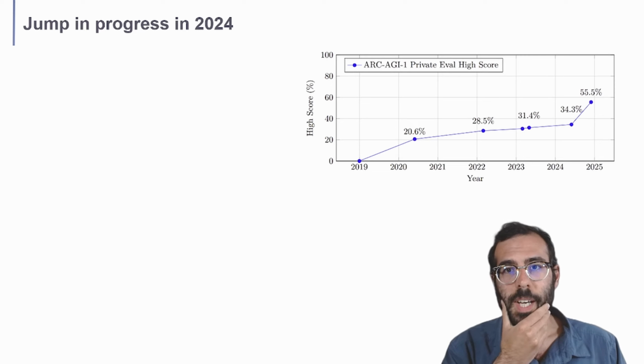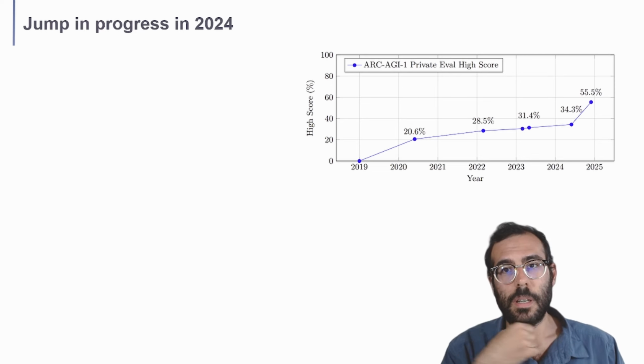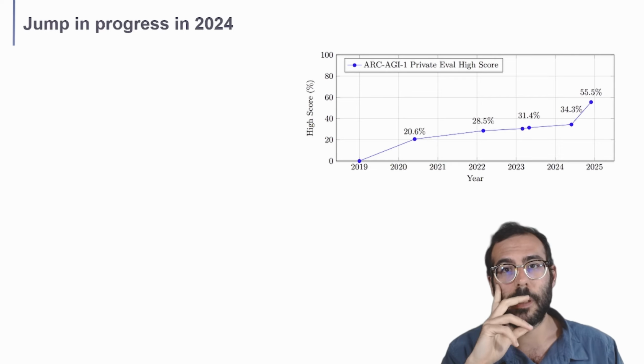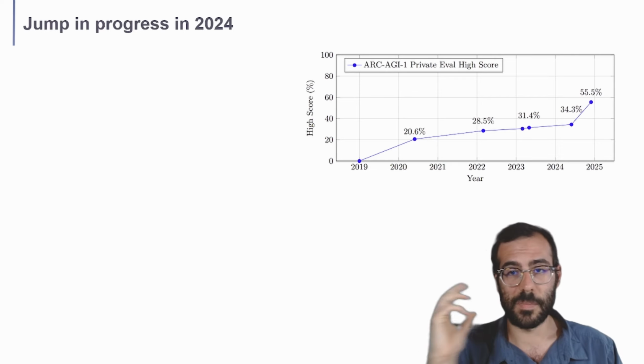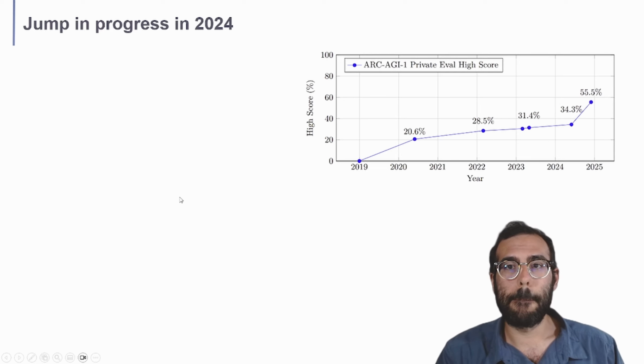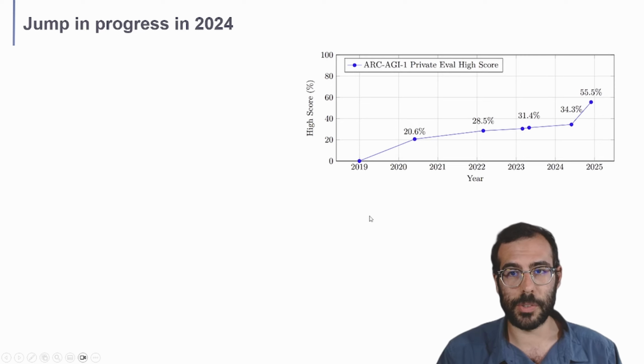Since the introduction of the challenge in 2019, the accuracy has been going up and up on the private competition. And it actually jumped quite a lot higher in 2024, last year, because of the introduction of various innovations. Here are some that are particularly interesting.